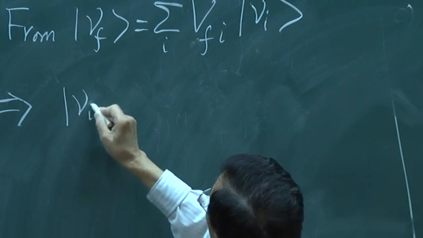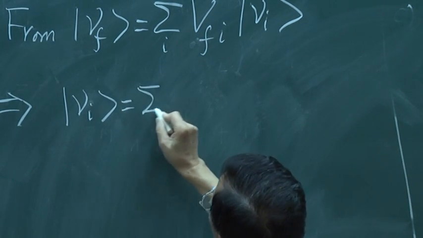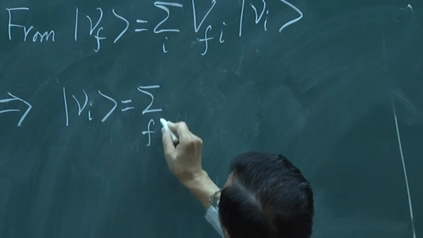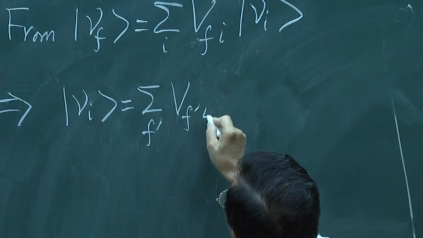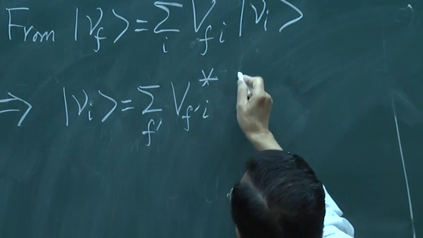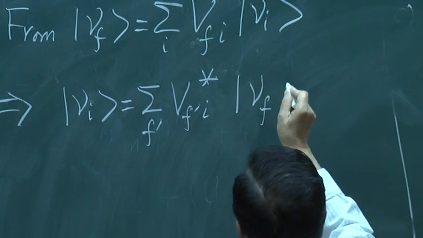So nu i will be equal to the sum over, let's call it f prime, of V f prime i complex conjugate times nu f prime.